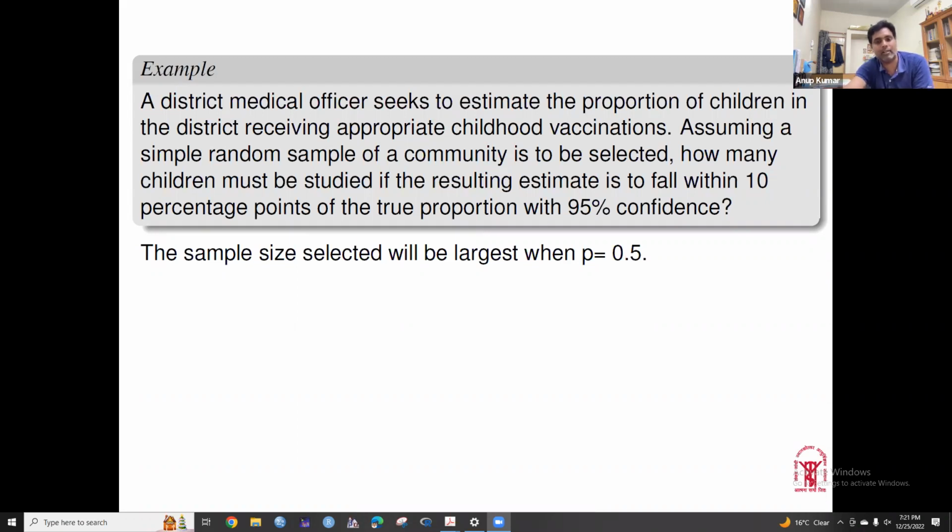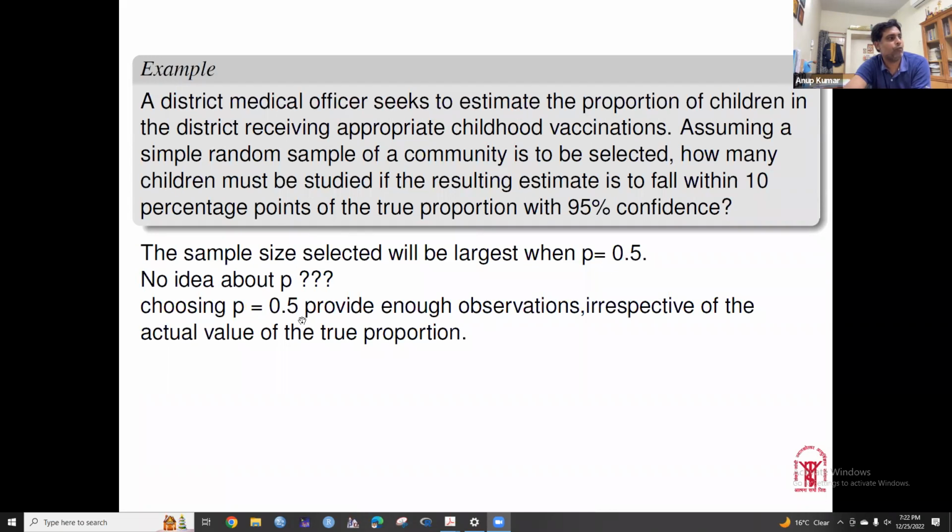But as a researcher, if you do not have any idea about p, what we do, we take p is equal to 0.5 because for this value of p, our sample size will be maximum statistically. So hence we choose p is equal to 0.5 when we do not have any idea about p.